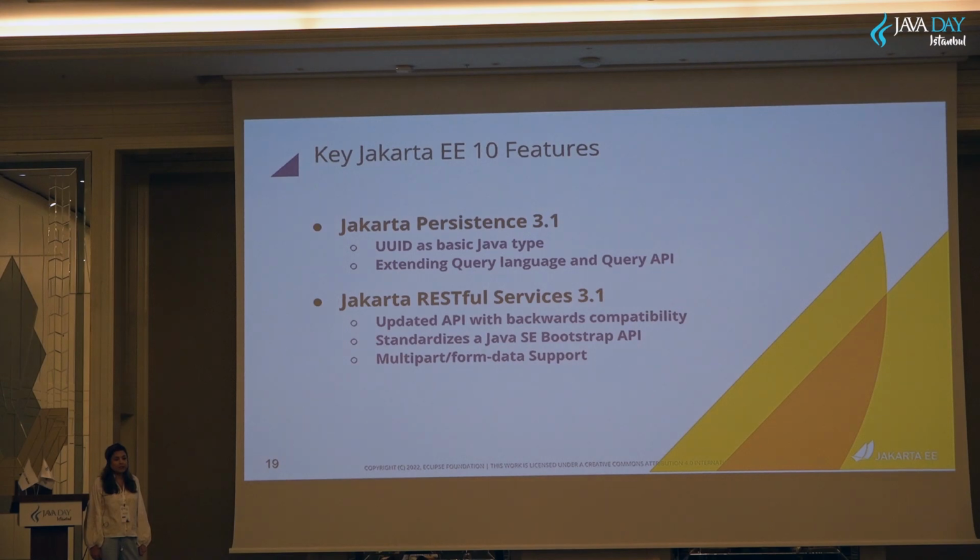Another specification that has gone through updates is Jakarta RESTful Web Services 3.0, with an updated API with backwards compatibility, standardized Java SE Bootstrap API, and multipart form data support. If you're interested to see all the updates that were done to the specifications, you can check our jakarta.ee/release/10 page, which is basically a one-stop shop for all information around Jakarta EE 10 and the updates that were made to these specifications.